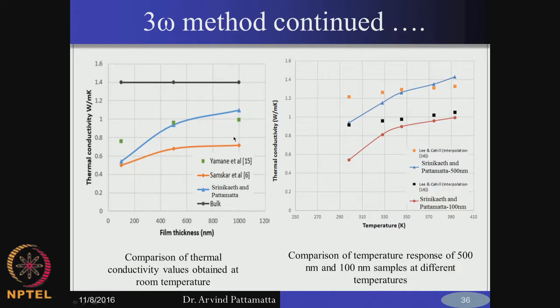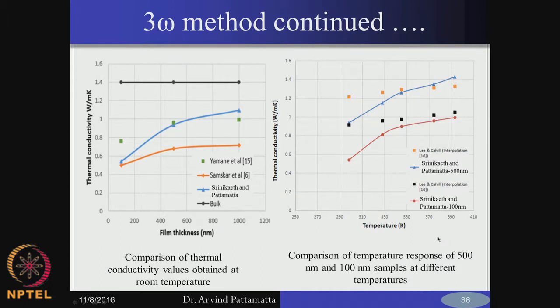Similarly, they also exhibit strong functional dependence on temperature. For a given sample, for example, if you have a 100 nanometer and a 500 nanometer sample, they display different dependence on temperature. All these can be measured using this method very accurately.